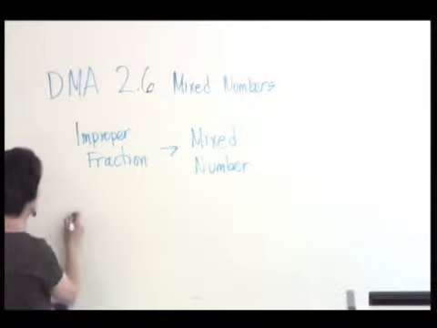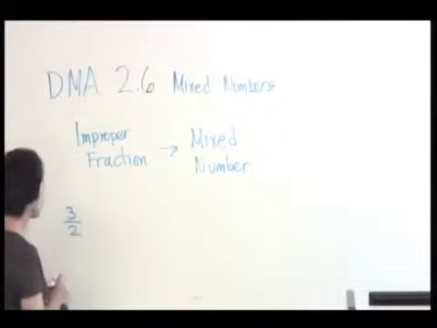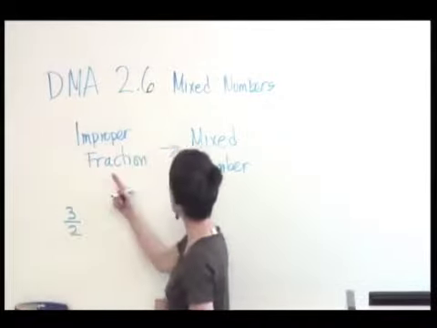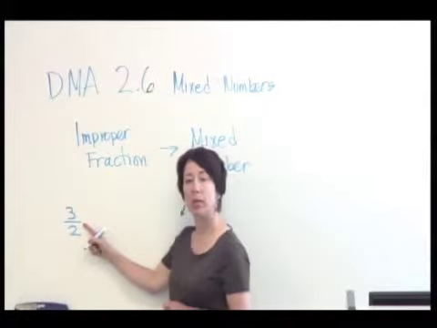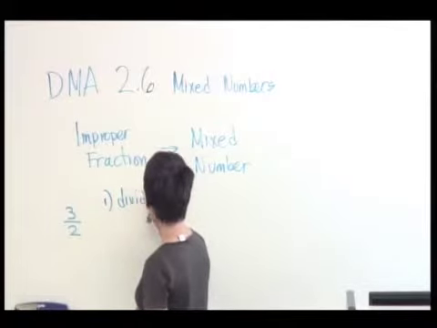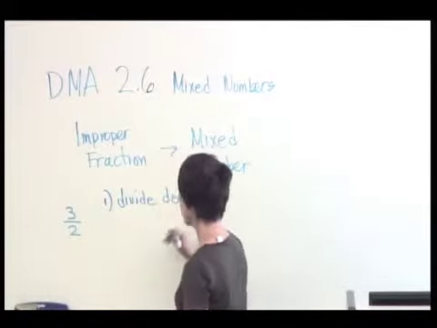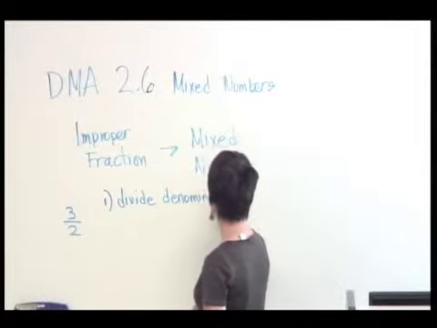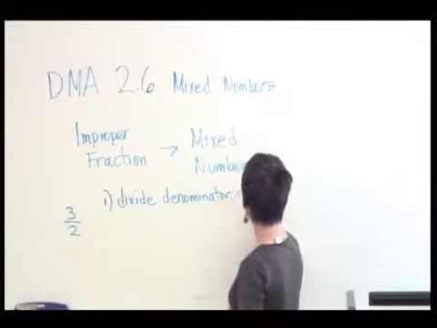And let's look at our example here. What we do when we go from an improper fraction to a mixed number is we take this fraction bar to task. So we divide the denominator into the numerator.